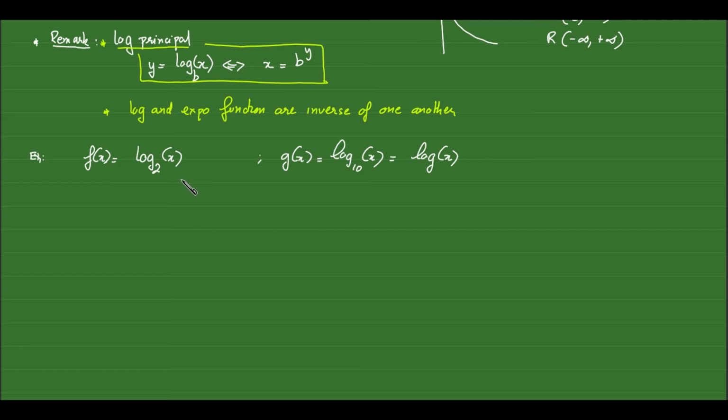There's another special log function with base e, and e is 2.71. If you have log base e of x, this is called natural log.